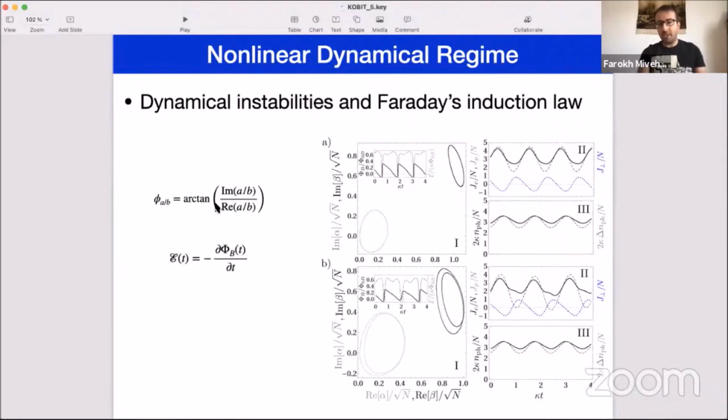If you remember, the magnetic flux is proportional to the phase of the two modes. So as a consequence, the magnetic flux changes in time. And as we know from elementary electromagnetic physics, if the magnetic flux changes, this would induce an electromotive force. And electromotive force results in currents in the system.